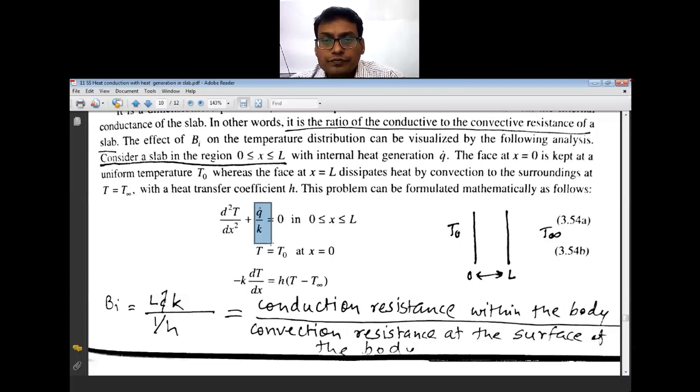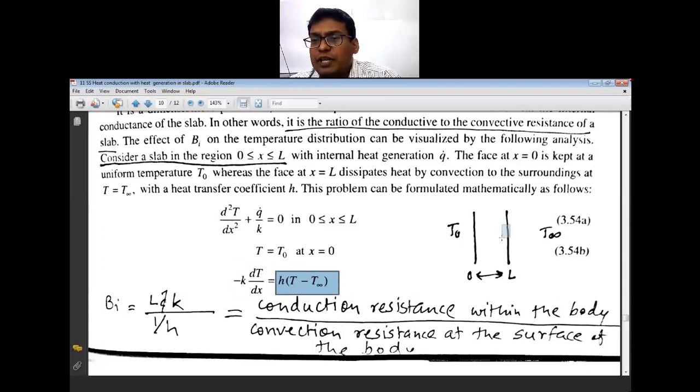Applying the boundary conditions, T is equal to T0 at x equals 0. Then equating the conductive to the convective heat transfer, that is minus KA dT upon dx, which is equal to hA into T minus T infinity.